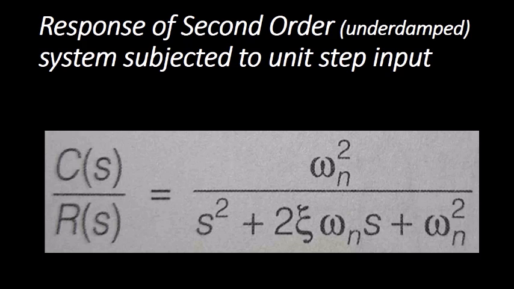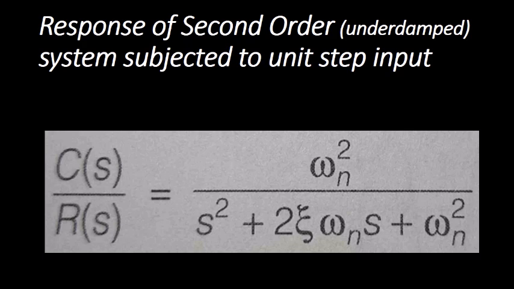Here s is a complex variable and zeta is the damping ratio. Due to the zeta value, damping occurs. Depending upon the zeta value, we have studied that the system is underdamped, overdamped, or critically damped.